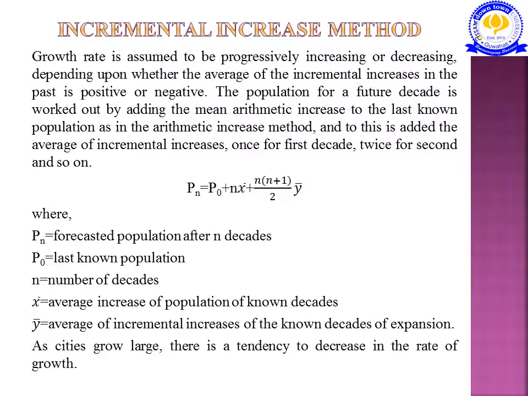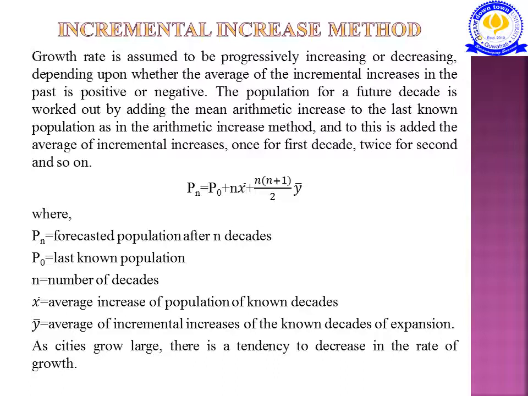Next is the incremental increase method. The growth rate is assumed to be progressively increasing or decreasing depending upon whether the average of the incremental increases in the past is positive or negative. So the population for a future decade is worked out by adding the mean arithmetic increase to the last known population, as in the arithmetic increase method.